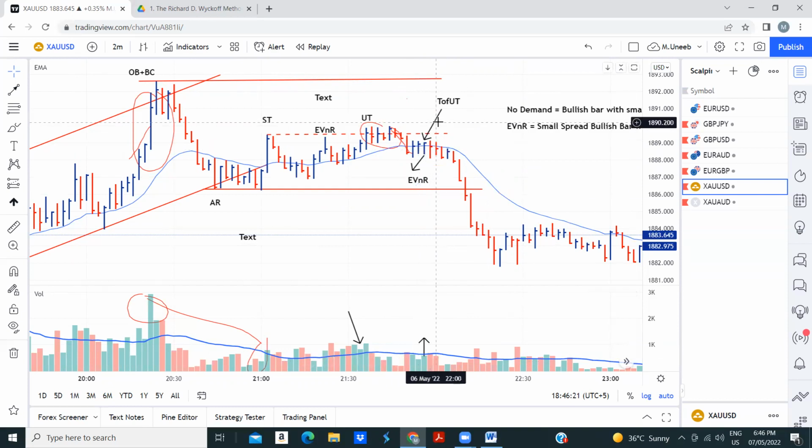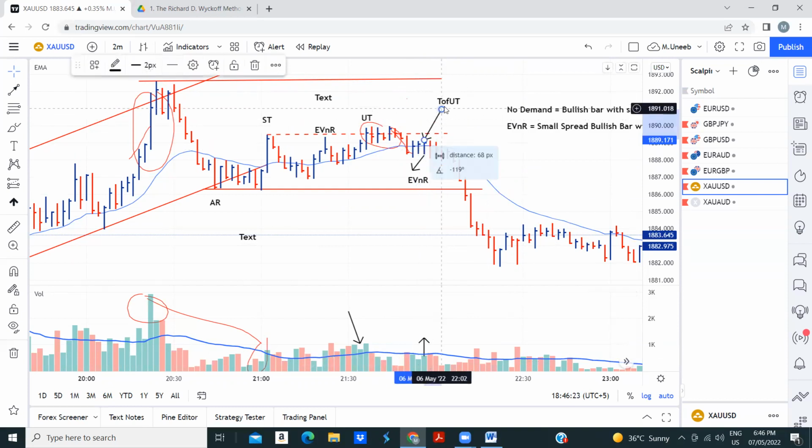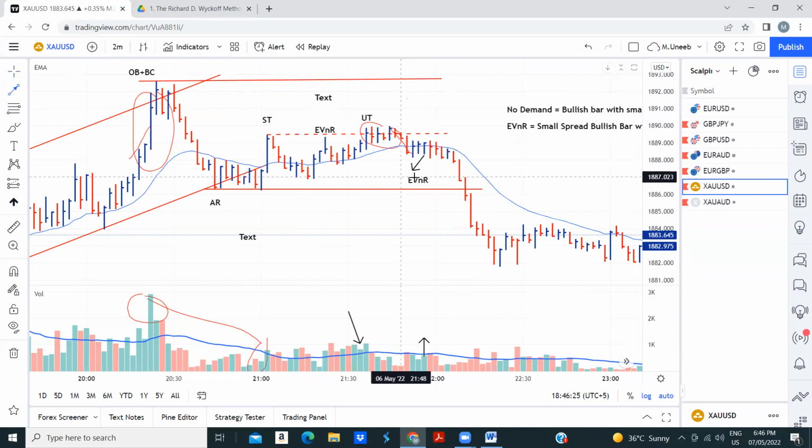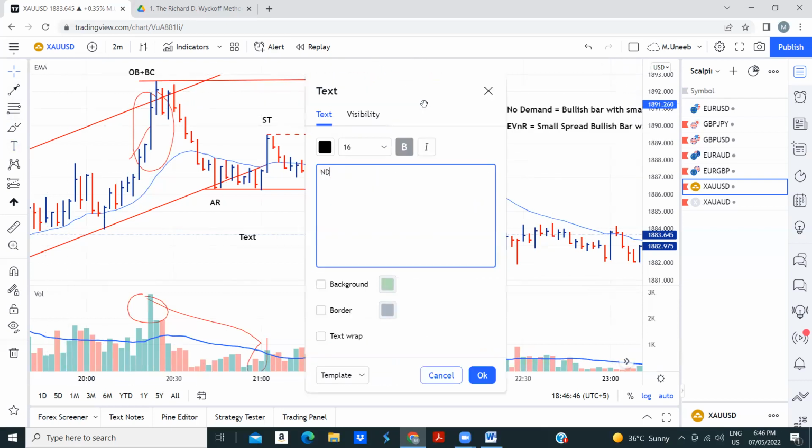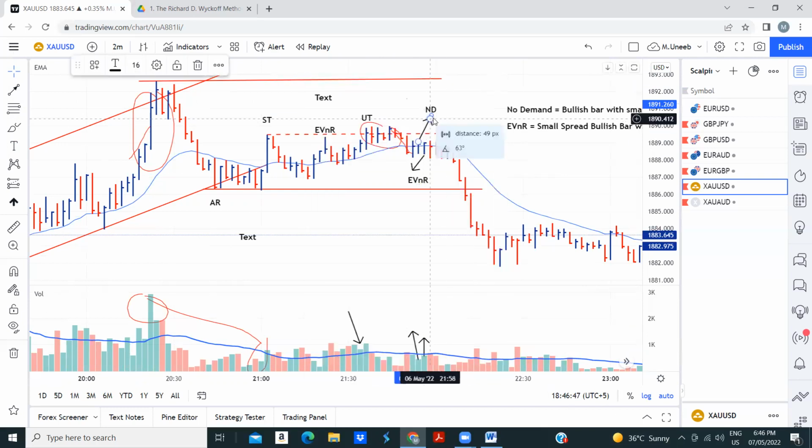How about this bar, which is here? You see the volume? The spread is low, and the volume is lower than the previous two bars. This is known as no demand. ND, no demand. Got it?